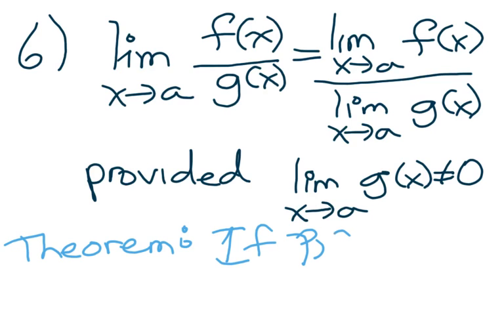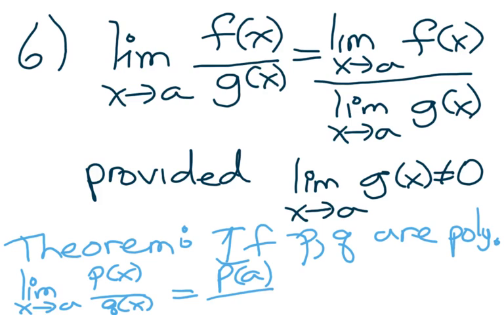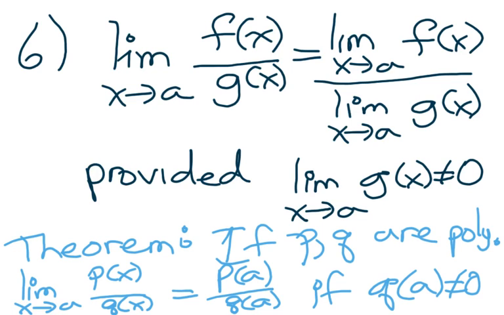So if p and q are polynomials, then the limit as x approaches a of p of x over q of x is equal to p of a over q of a if q of a is not equal to 0.